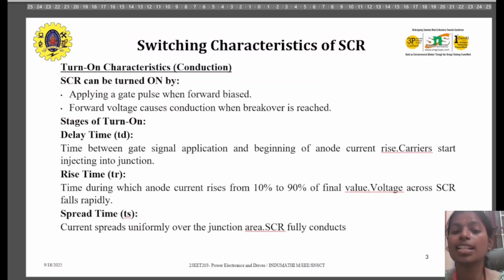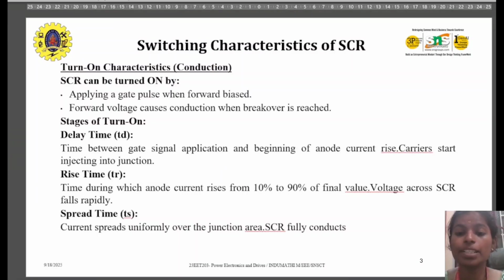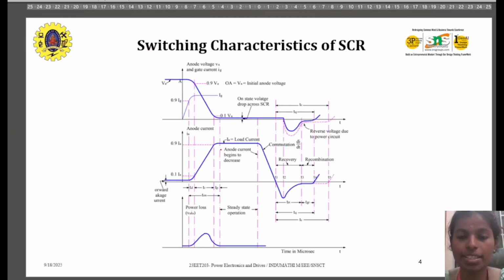And here the charge carriers are injected near the gate. And rise time, it increases rapidly from 10% to 90% of its final value. So you can just look at your graph here. It rises from 10% to 90% of your final value. Your current increases.